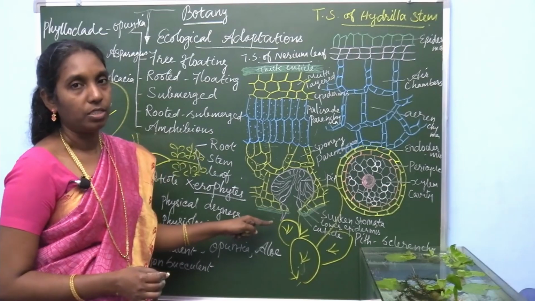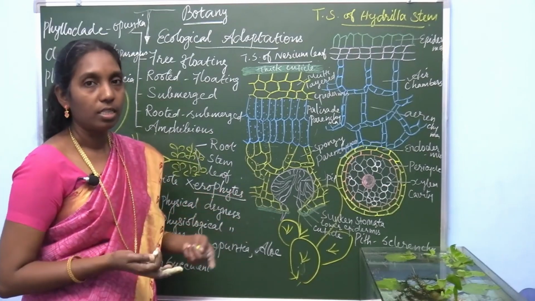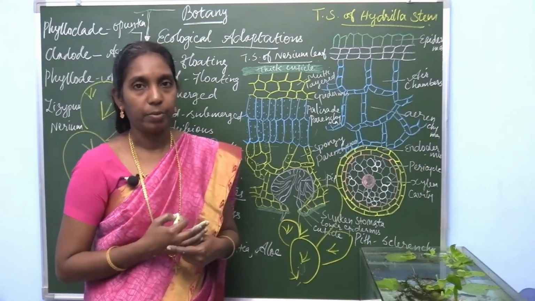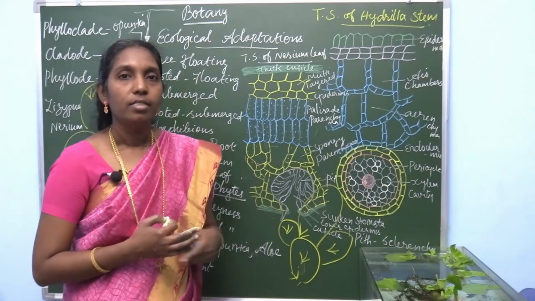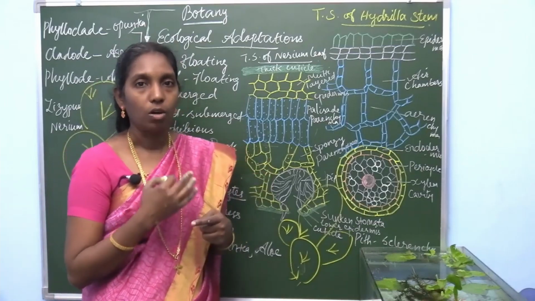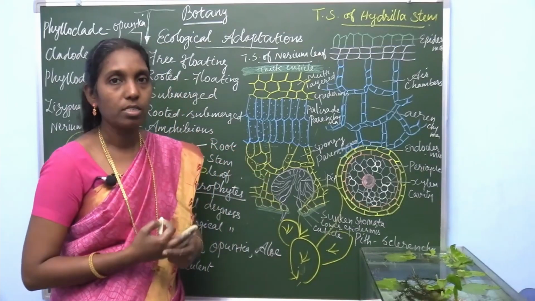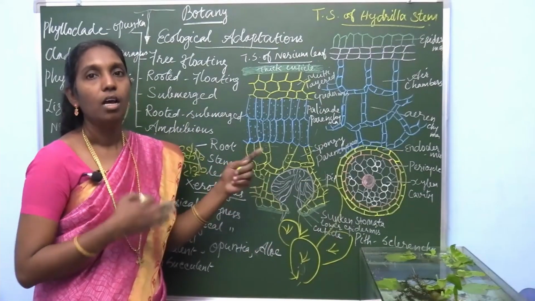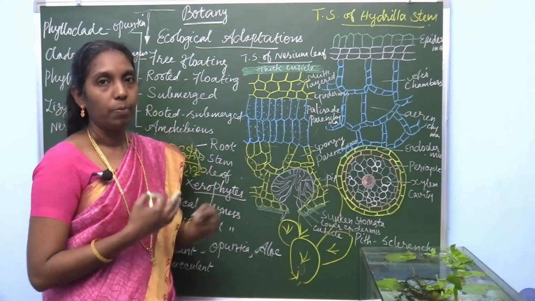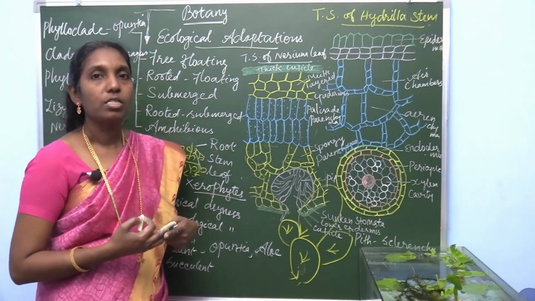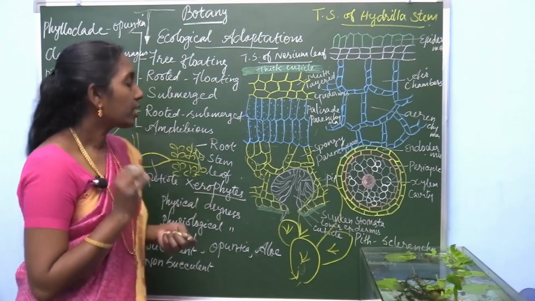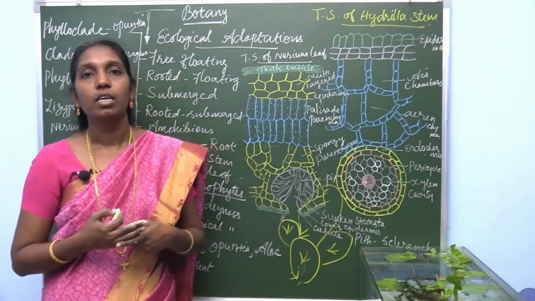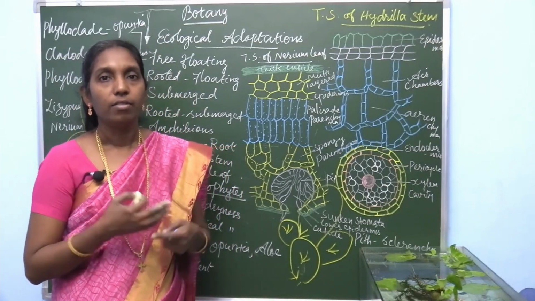Anatomical adaptations. One more adaptation: physiological adaptations. What are the physiological adaptations? Physiologically, a number of physiological processes take place within the body of xerophytic plants. These processes are designed to reduce transpiration. What is meant by transpiration? The excess amount of water comes out of the plant from its aerial part.